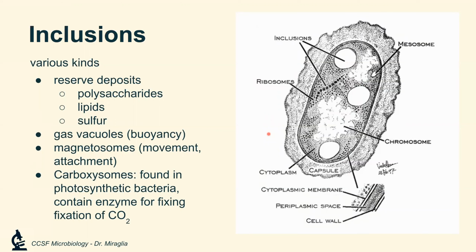Some inclusions are called magnetosomes, and these actually have magnetic particles that the cell uses to control their movement in three-dimensional space, based on their magnetic properties. And then there are also inclusions called carboxysomes, which are found in photosynthetic bacteria, and they just contain enzymes that are critical to carbon fixation in the photosynthetic process.